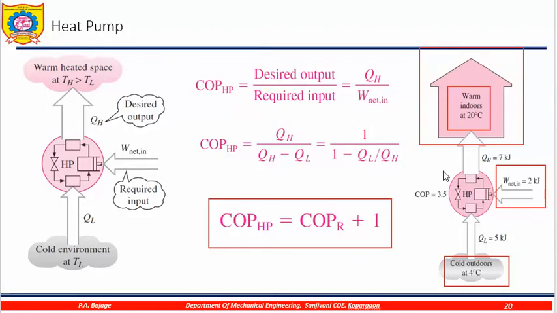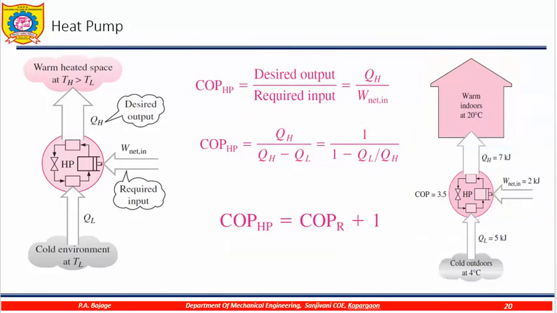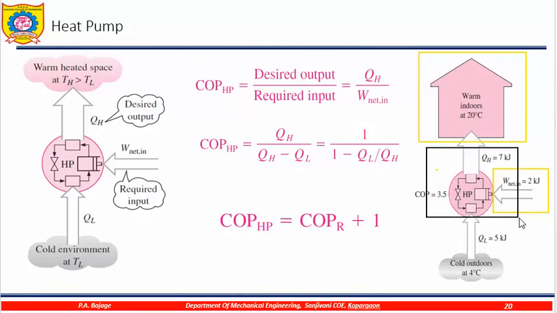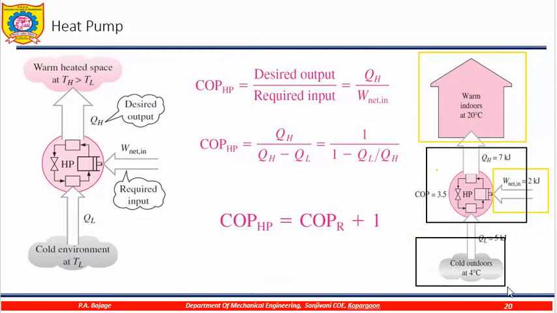So this is a heat pump working on a cyclic process whose desired output is the heating of this room. Work input is this, and it is a cyclic device as we have discussed. And cold outdoors.